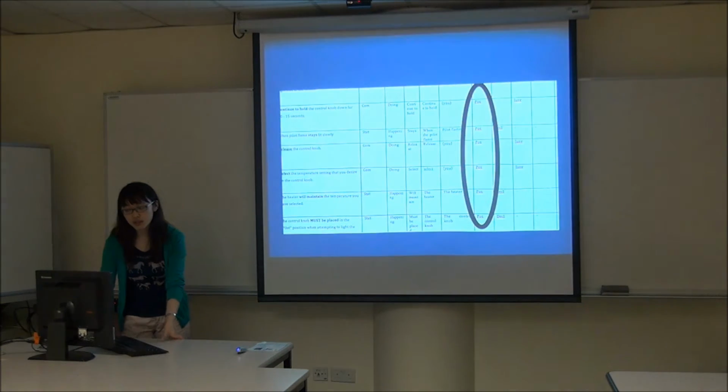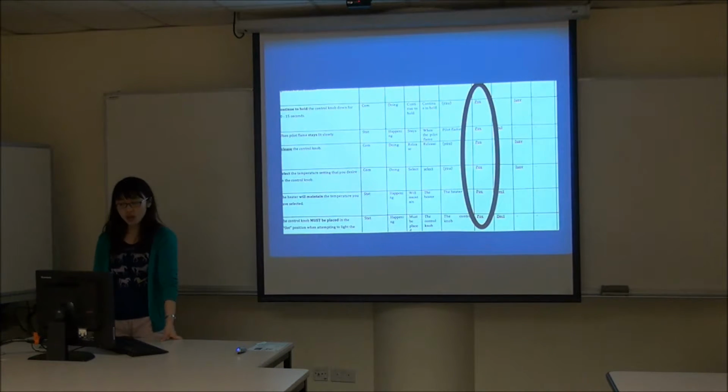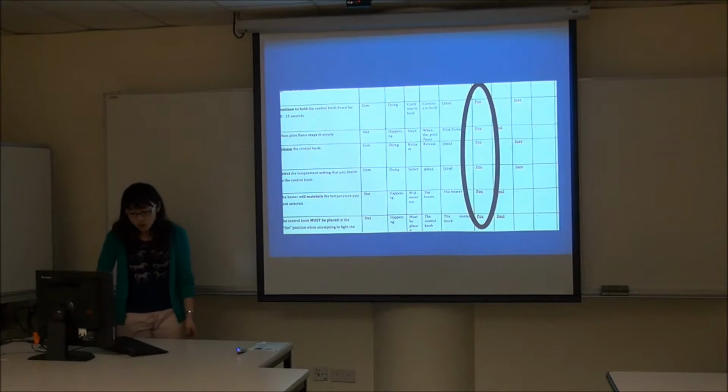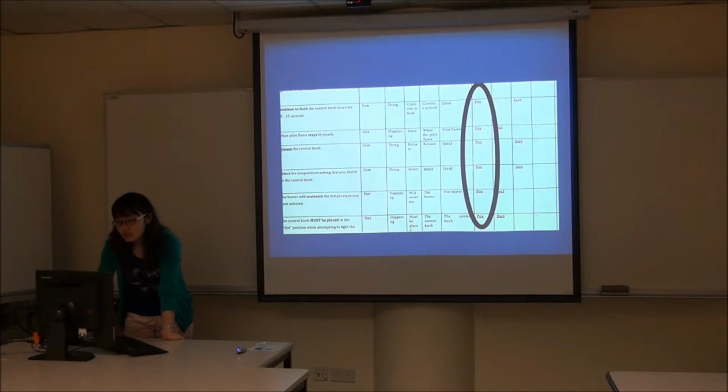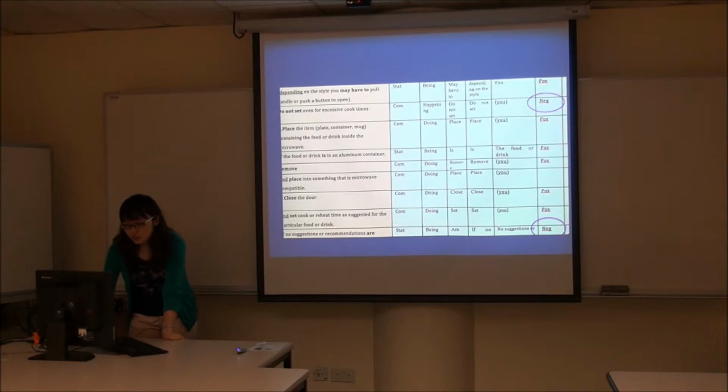And here's a snapshot of my analysis. You see, in this picture, all of the sentences are positive sentences, but in this picture, negative appeared, but very few, only twice.